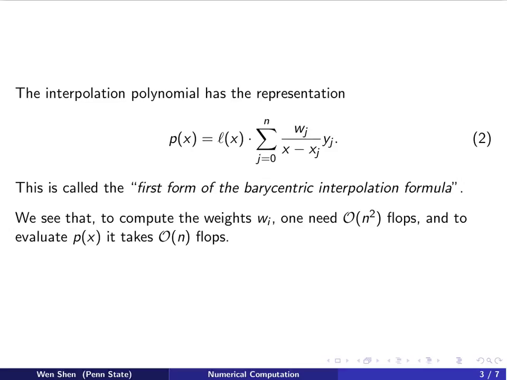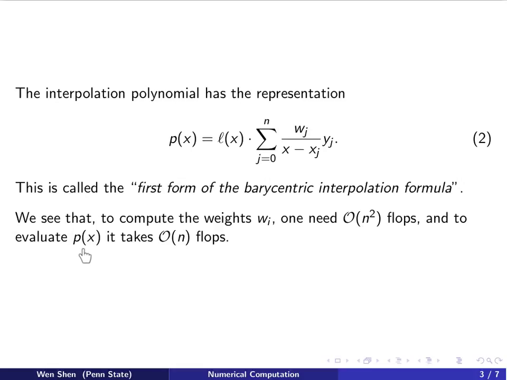We can now count the total number of computations needed. We see that in order to compute the weights, Wi, we would need of order n square flops of arithmetic calculation.